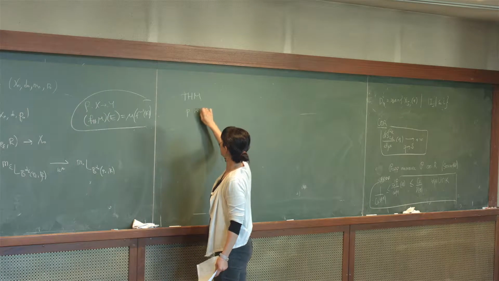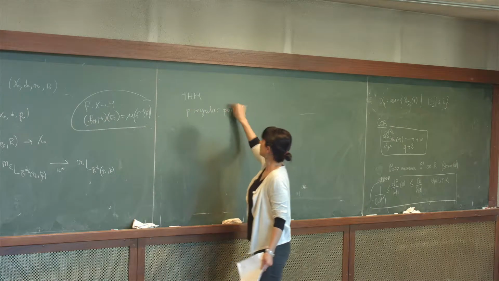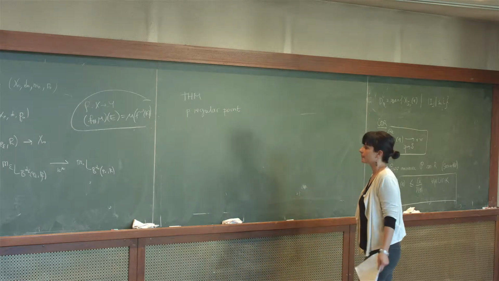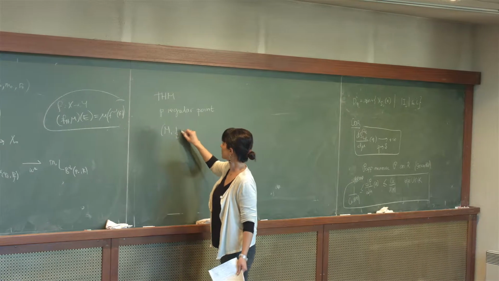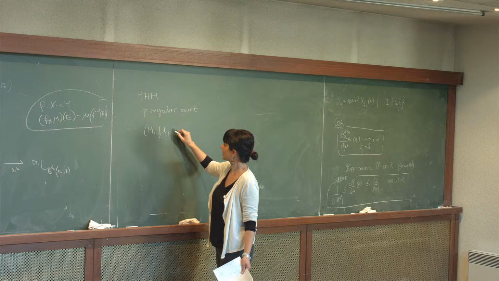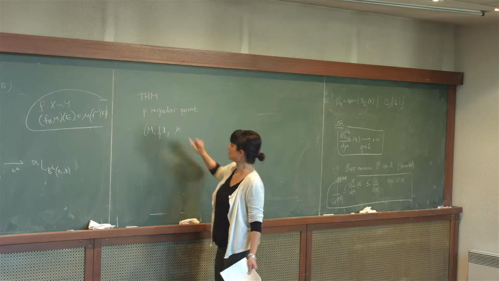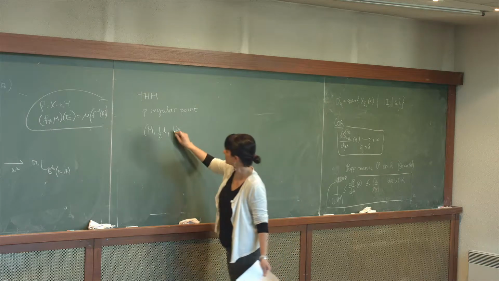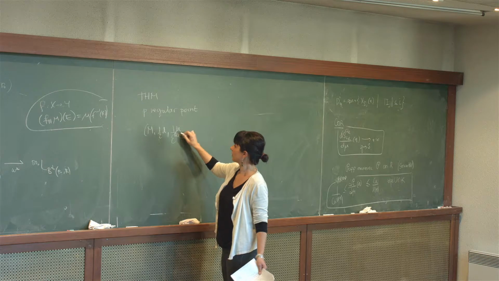At regular points, the sequence of blow-ups, so 1 over epsilon d, now I blow up any smooth volume. So I take mu, a smooth volume, and I multiply by 1 over epsilon to the power q of p.